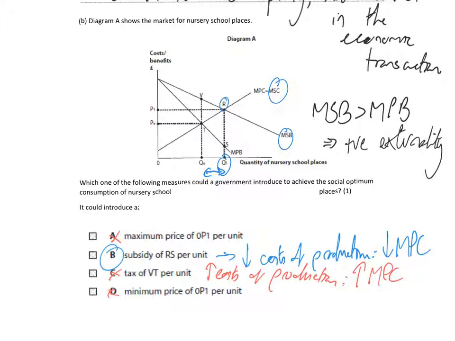So, for example, the last unit consumed in the free market at QE, the marginal social benefit is the equivalent of point V on the MSB, and the marginal social cost would be at point T. And so that vertical distance there is, in a sense, the net social benefit to society of that unit. That's true for all of the units from QE to Q1, that the marginal social benefit is greater than the marginal social cost. And so that triangle there is the area of welfare gain. So the area VRT.